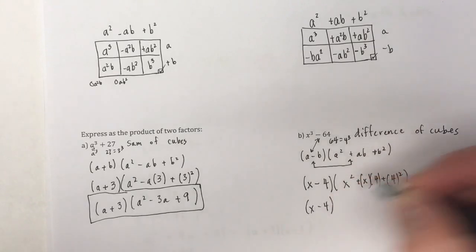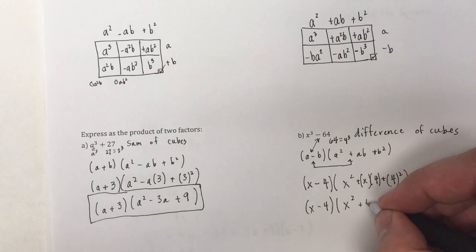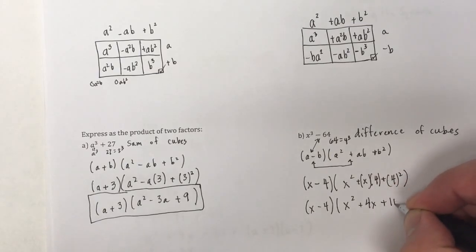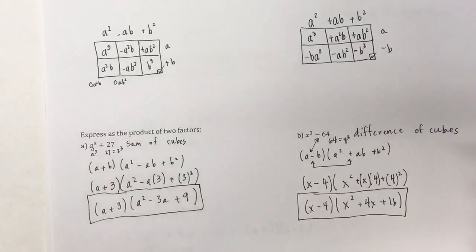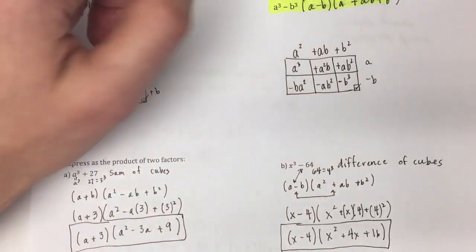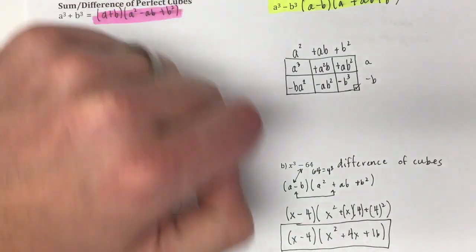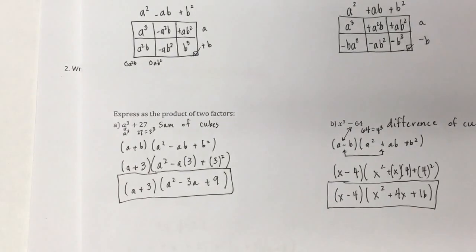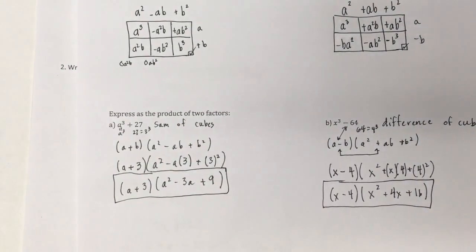Just simplifying this, x squared plus 4x plus 16. Final answer. And so rather than having to do the division where I'm using long division or reverse tabular method, if I can use this structure, it really goes much, much quicker because I'm just able to apply the formulas that I was provided.